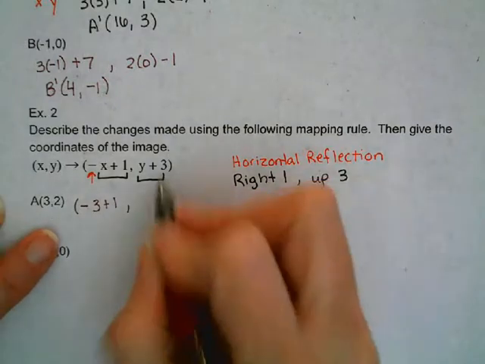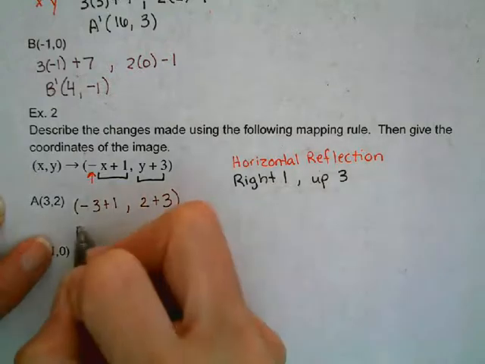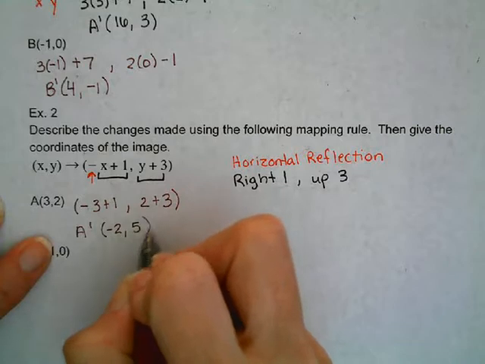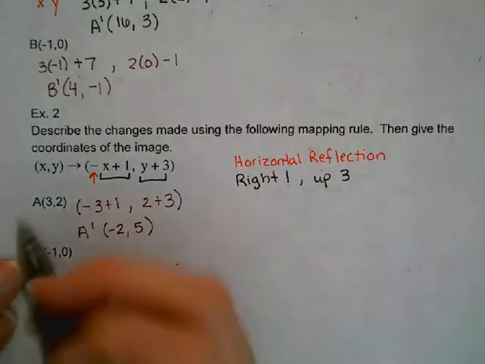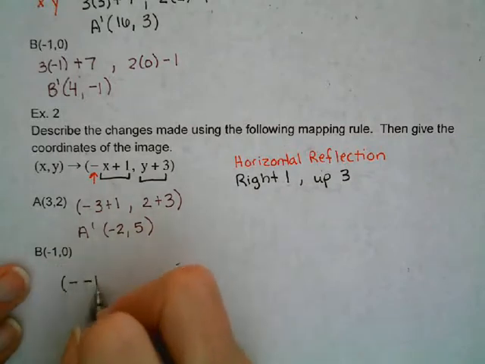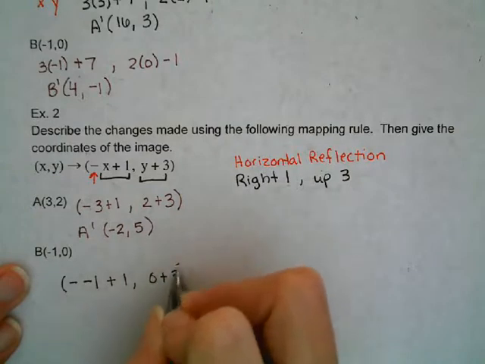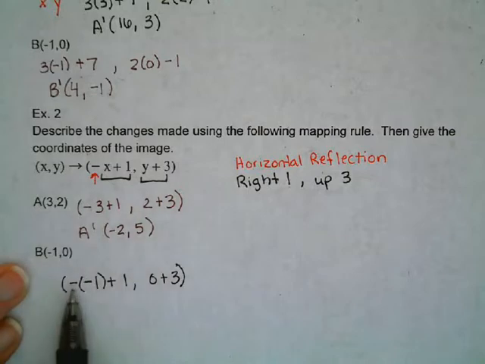So this is a negative sign, and then I'll put the x value as 3 plus 1. The y value is 2 plus 3. So my new a value would be negative 2, 5. Same thing you're going to do with the next point b. You're going to plug those numbers in. On this one, if you have a negative sign and then you plug in a negative 1, you can do this a couple different ways.